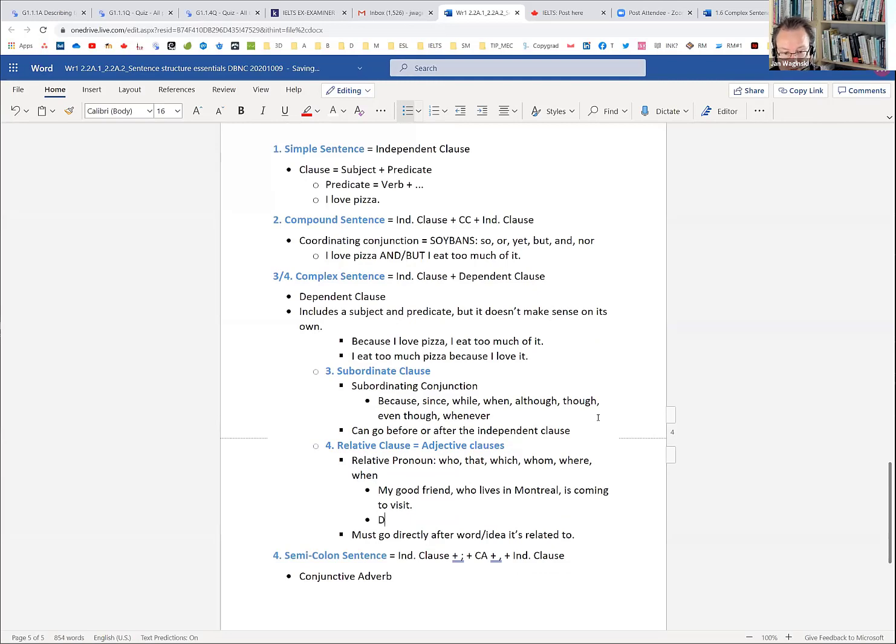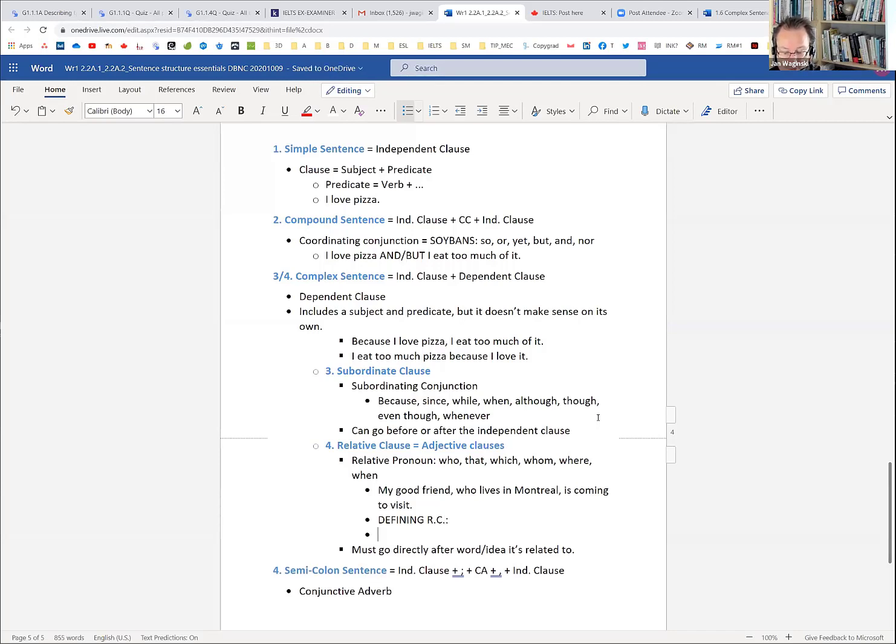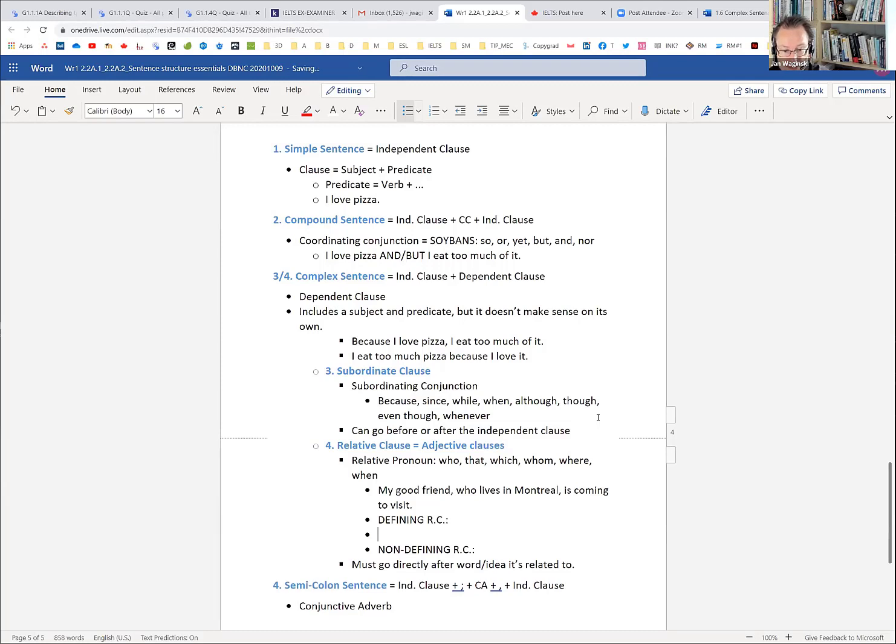There are what we call defining relative clauses. I'm just going to put RC, and there are non-defining relative clauses. Defining relative clauses are needed to understand which specific thing you're talking about. So I'll give an example that I frequently give.